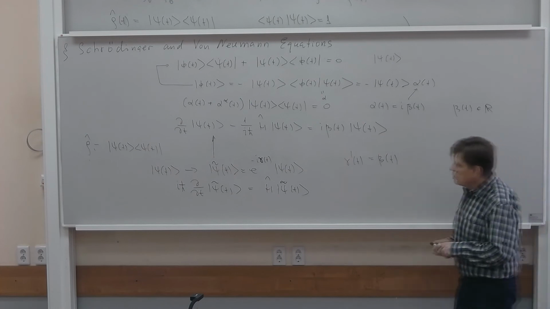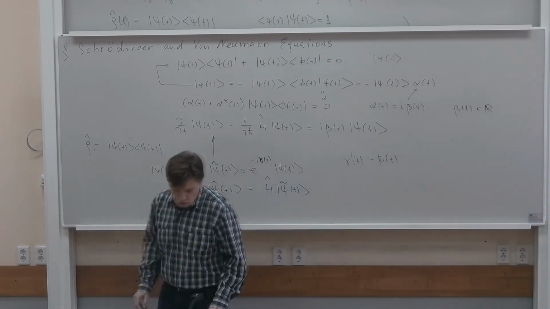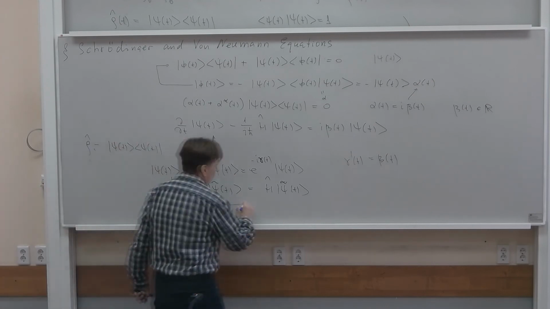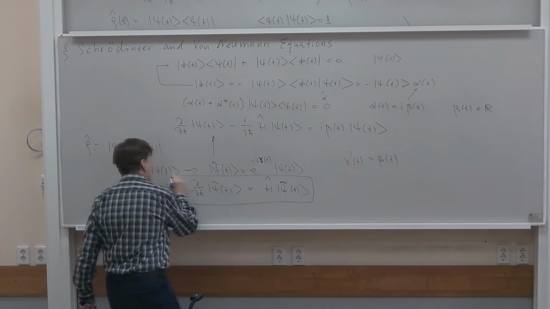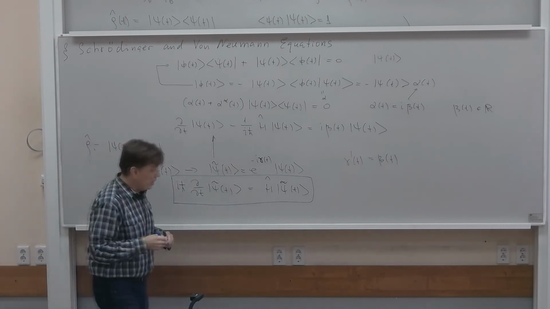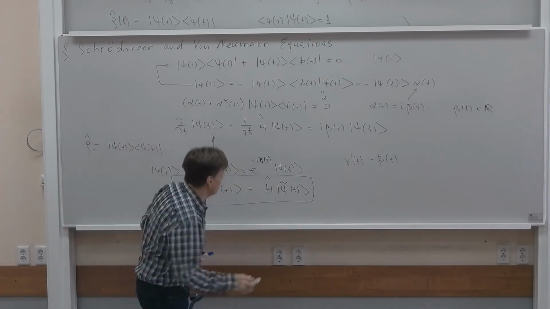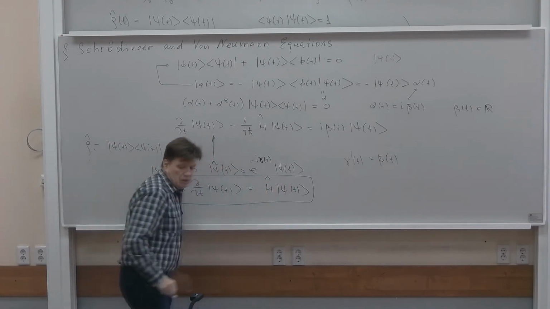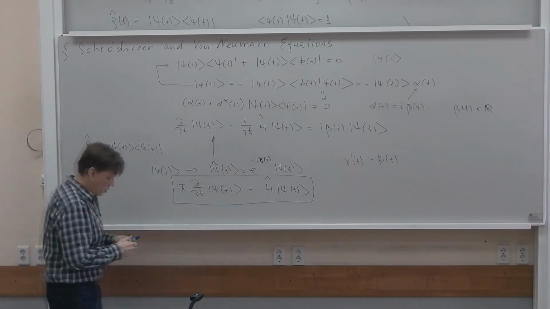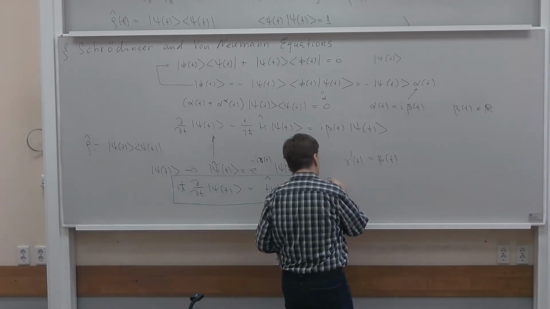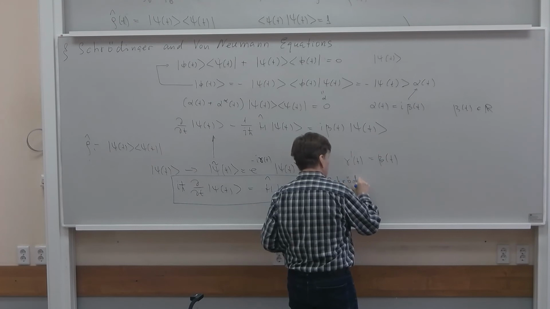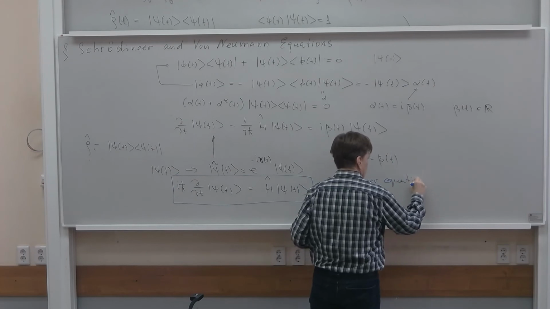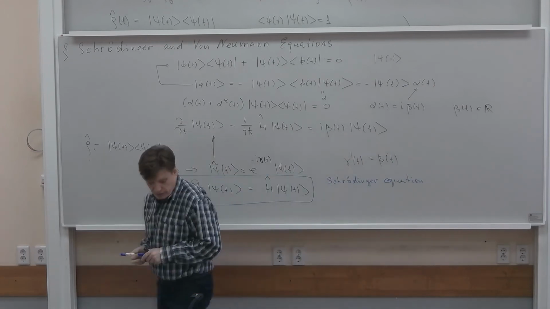And this is the celebrated Schrodinger equation for the state vector psi tilde. Actually I can remove this tilde, it doesn't matter. So this is the Schrodinger equation for the state vector.